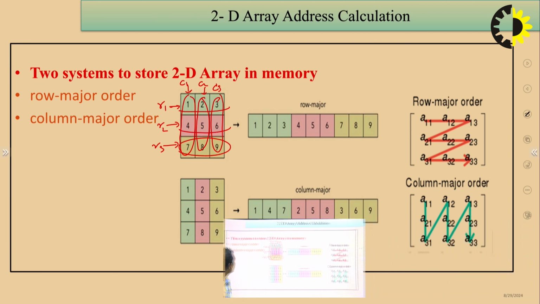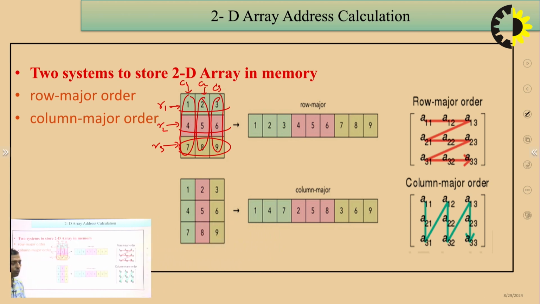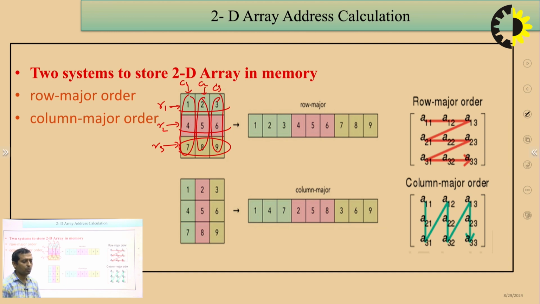So first consider the row major. Generally the system stores in row major or column major, we cannot choose, but we can calculate the address.